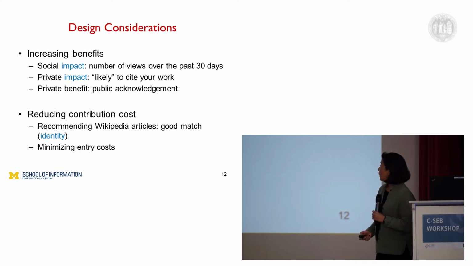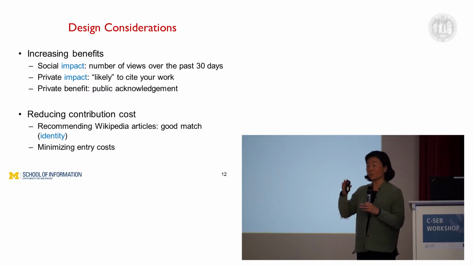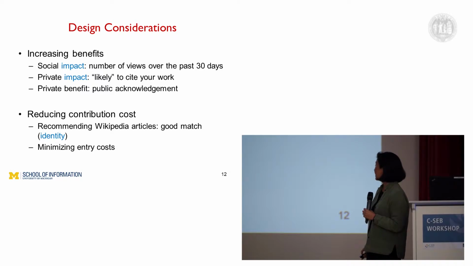Okay. The other way to get people to contribute is to reduce the contribution cost. And we do this in two different ways. One is to recommend Wikipedia articles that match your publication or your working paper. This is done through text analysis.